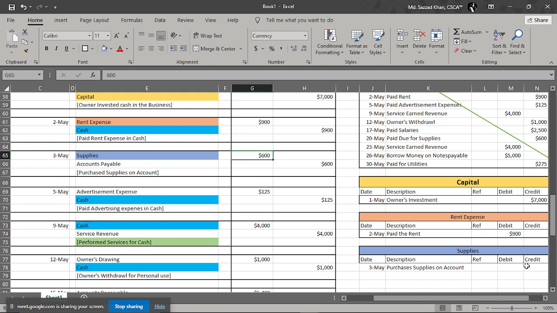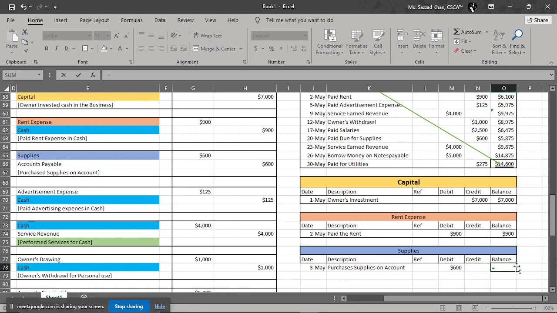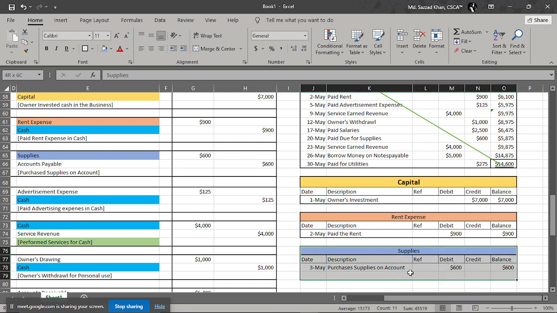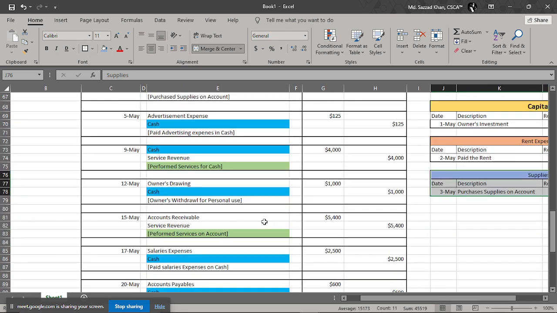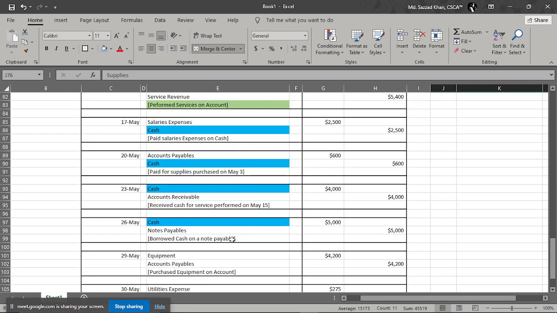Yes. Then what will the balance be? It will be a debit balance because nothing was credited. We're closing here because there are no other accounts in the name of supplies. So we are done with supplies.